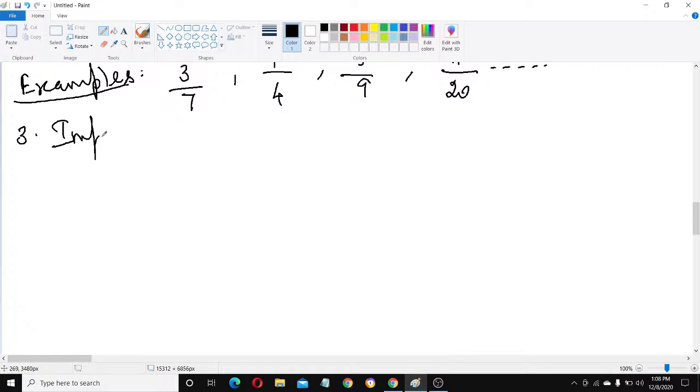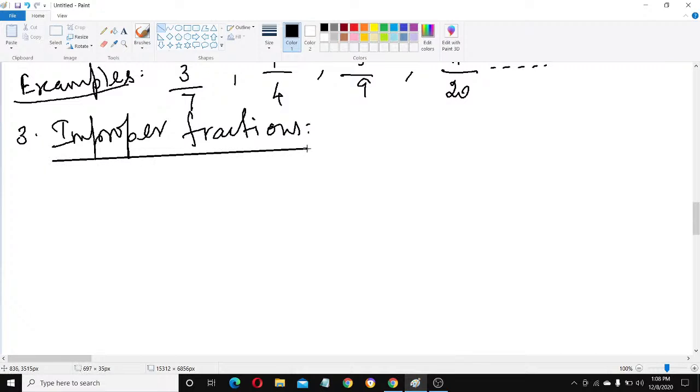Improper fractions. A fraction in which the numerator is greater than the denominator. In a proper fraction, the numerator is less than the denominator. In an improper fraction, the numerator is greater than the denominator.